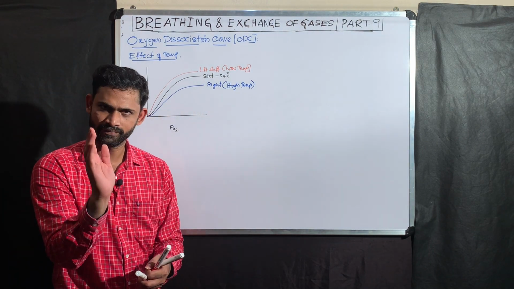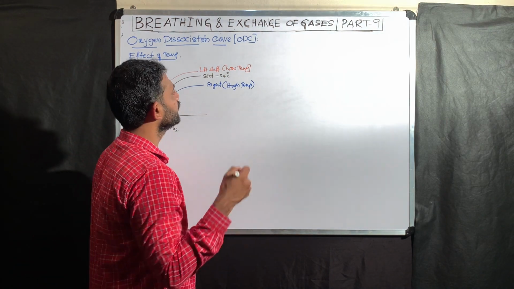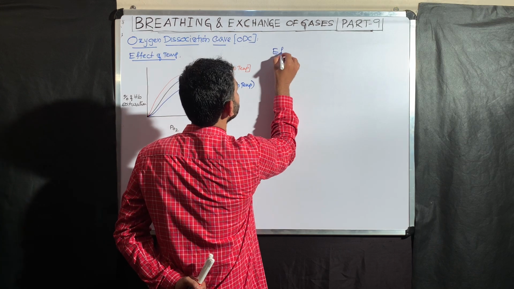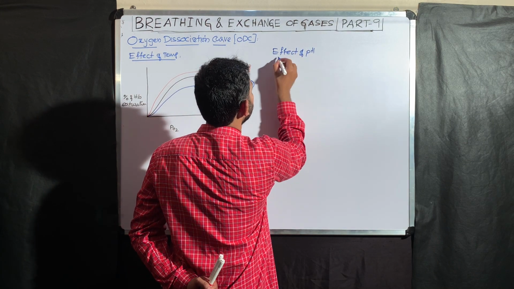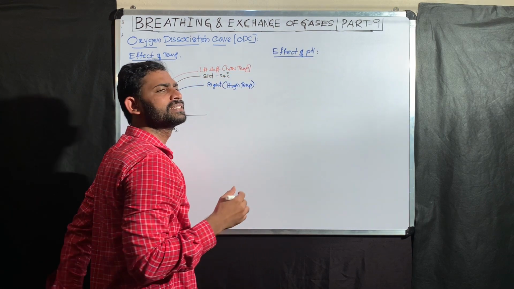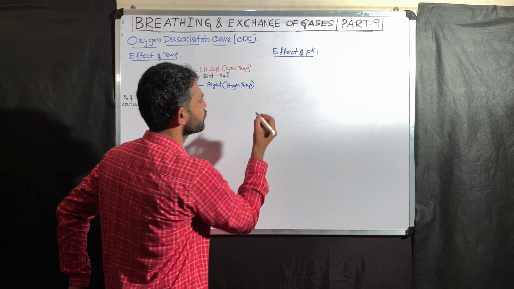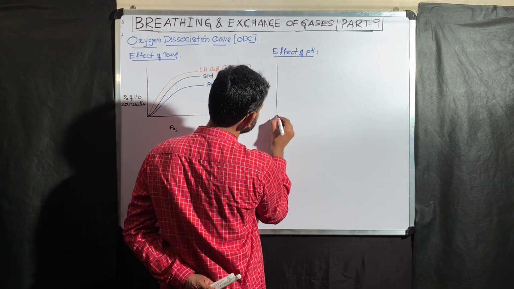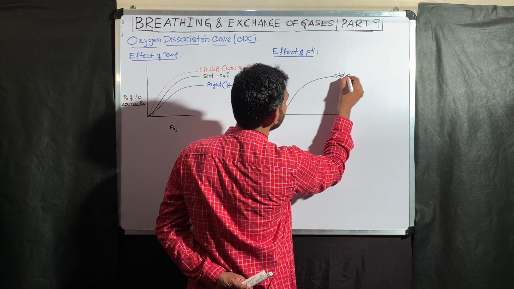Next, in a similar way, for your understanding, I am going to tell about the effect of pH, how pH is influencing the standard ODC. Same thing, I will draw the standard ODC first. Consider this is the standard ODC.